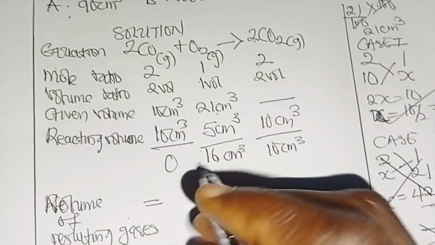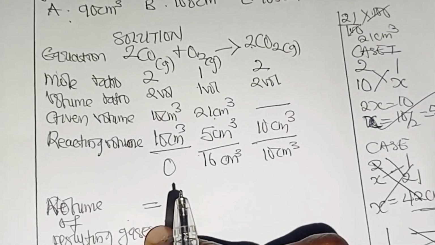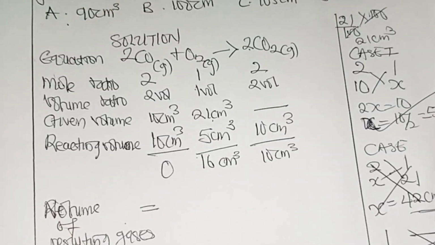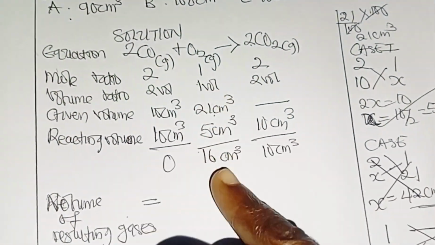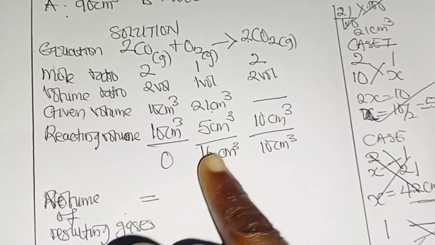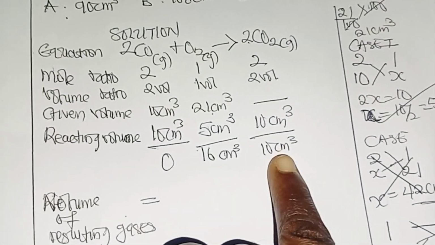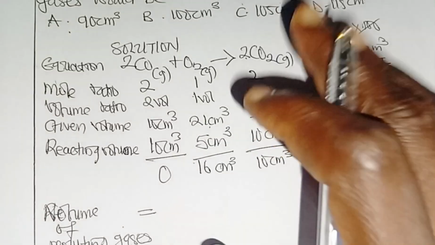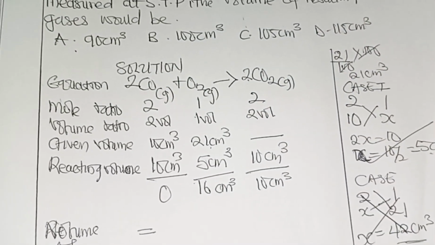Like I said, the volume of resulting gases is equal to the total volume of all gases present after the reaction has finished. What are the gases present? We have unreacted volume of oxygen, which is 16 cm. We have the volume of the product, which is 10 cm cube. And we also have the volume of the other components of air that did not react. Okay?